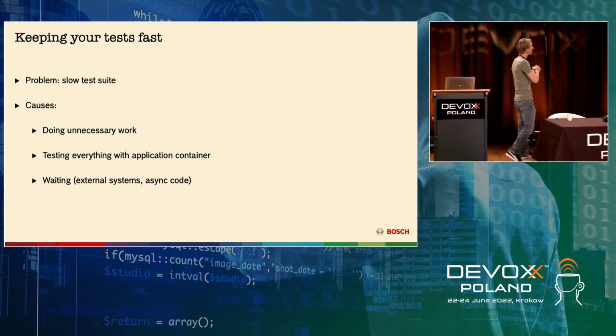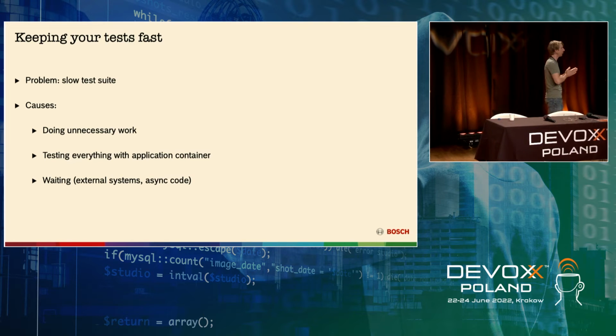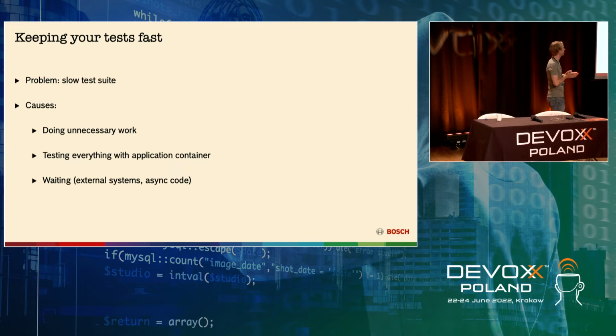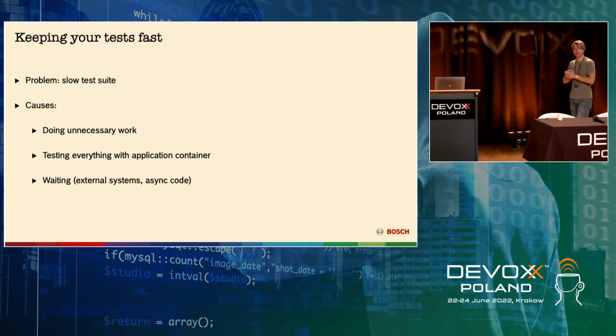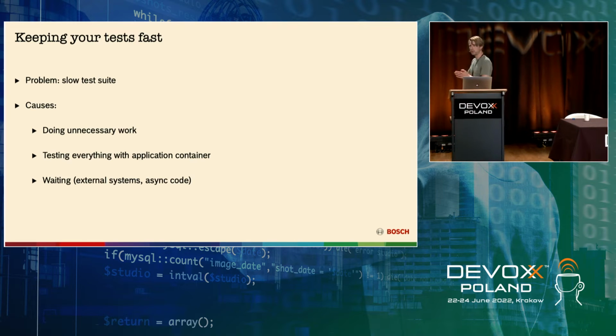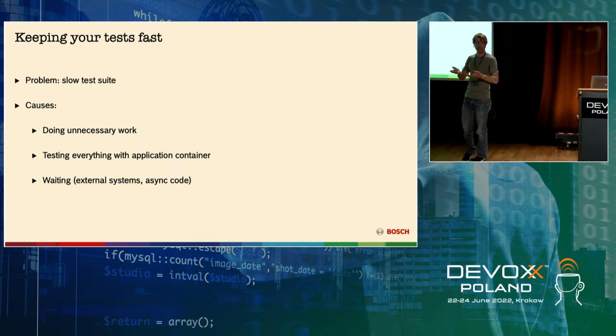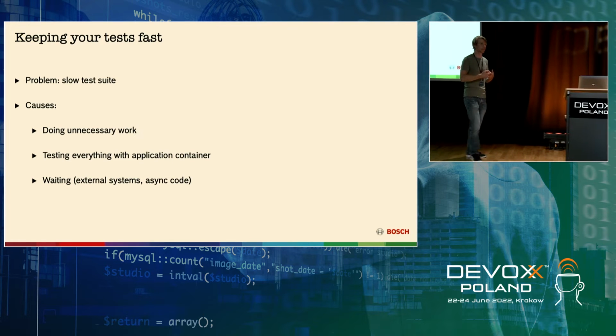Okay, let's start with the first problem, a slow test suite. So what could be the causes for this? Well, we might be doing unnecessary work. Also, we might use the application container excessively for testing. When I say application container, I mean something like Spring.